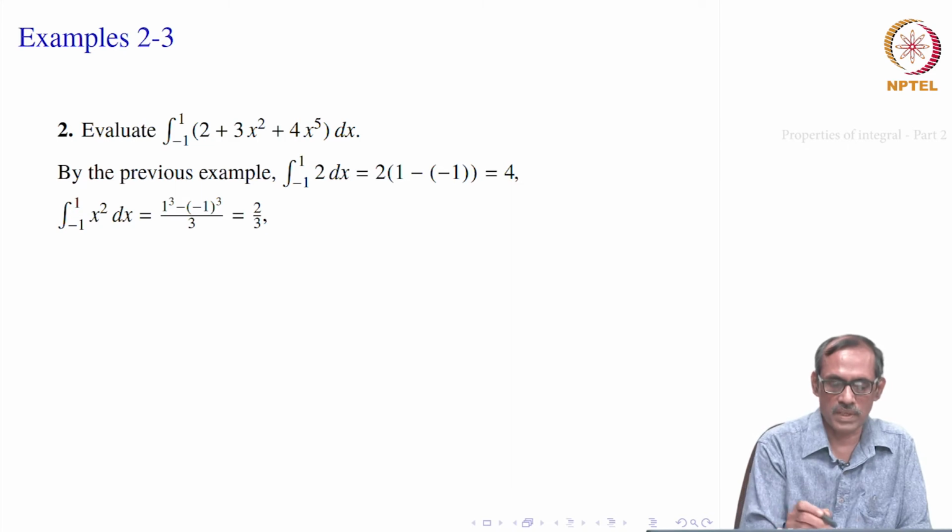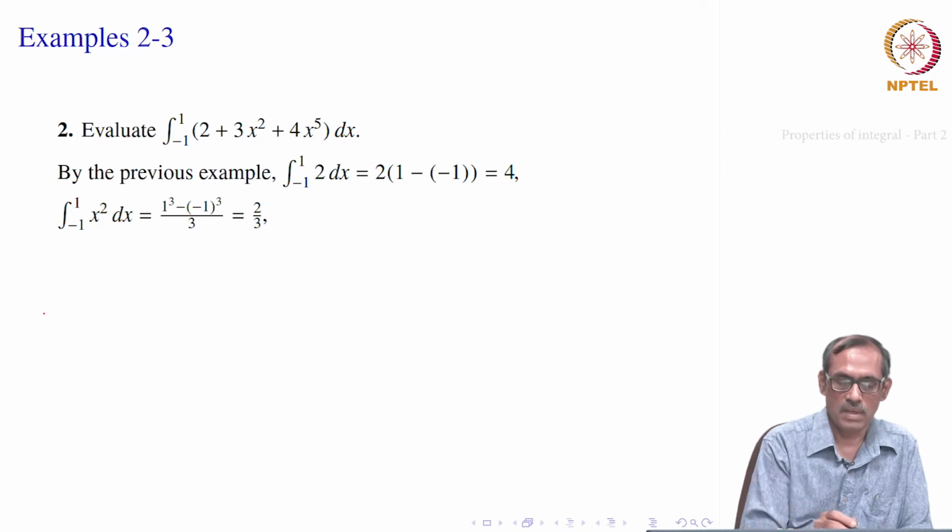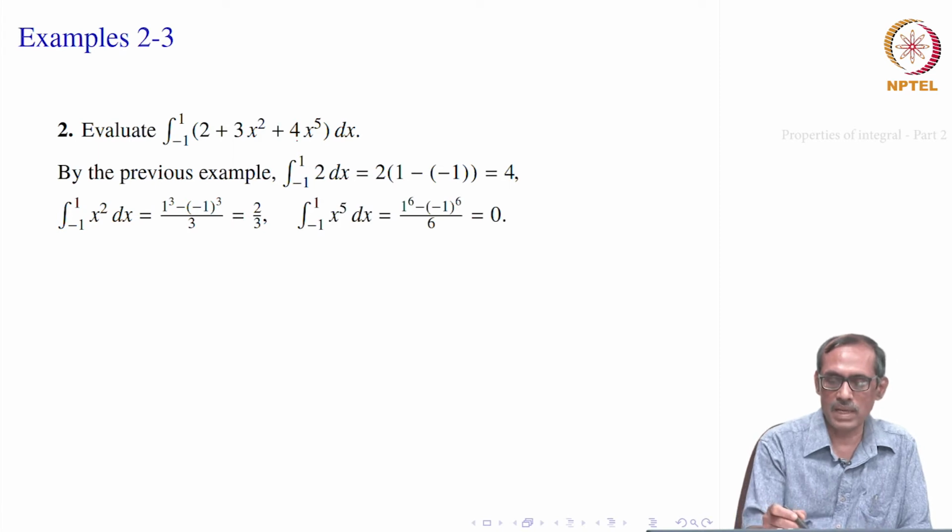Now, we go slowly for the other one, integral from minus 1 to 1 of x square, because x square is involved. So, that is equal to b to the power m plus 1, which is 1 to the power 3 minus a to the power again 3, divided by 3. So, that gives 2 by 3. And similarly, if you take x to the power 5, that gives power 6. So, 1 to the power 6 minus 1 to the power 6 by 6, and that turns out to be 0.